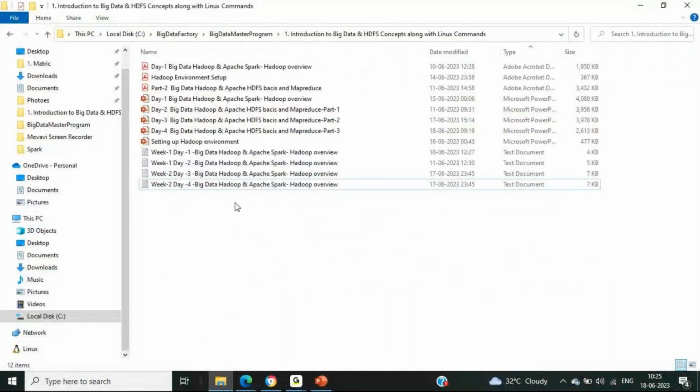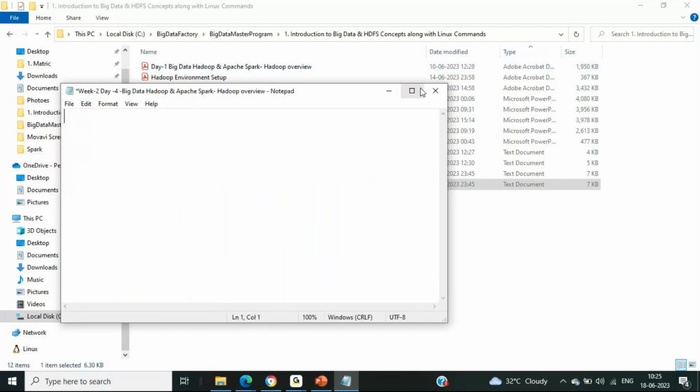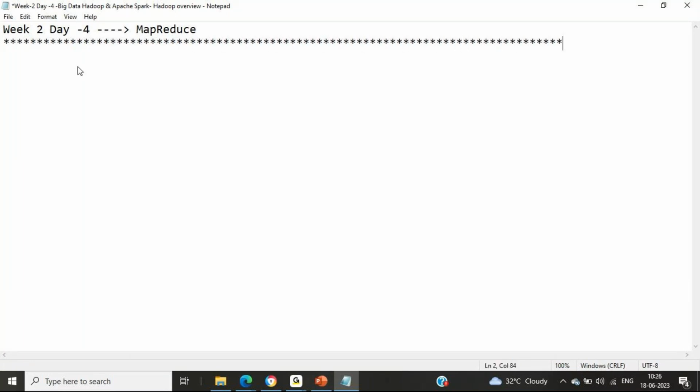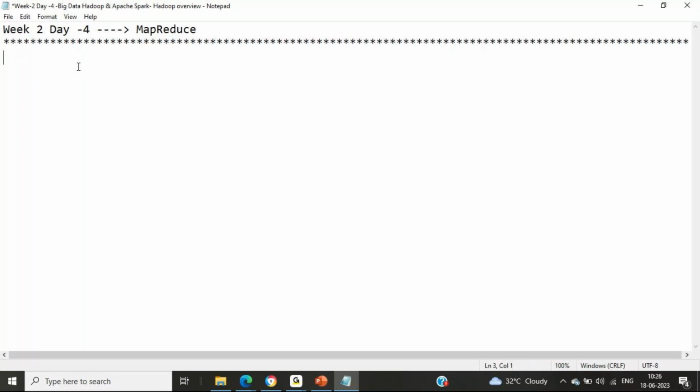Let me open a notepad and start the day. So this is week 2 and day 4. And we are going to discuss MapReduce. MapReduce is the component that we are going to focus on.